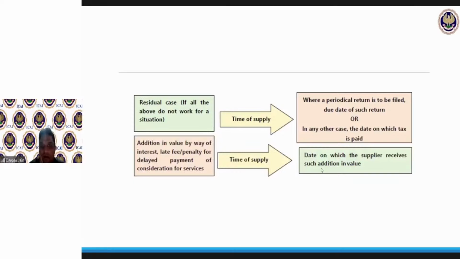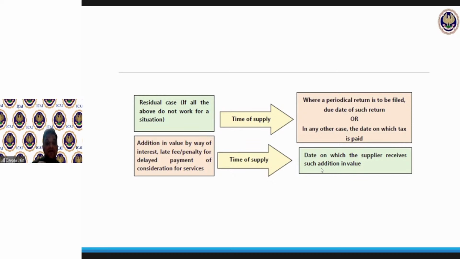You have not made the payment on 31st March, so I will raise a debit note for late payment charges. Suppose you pay the late payment charges on 1st of April; the time of supply will not be 1st of April. If you make the payment on 30th June, then in the normal case it would be 1st April, but in this case of late payment charges, 30th June is the time of supply. That is the provision for late payment charges.